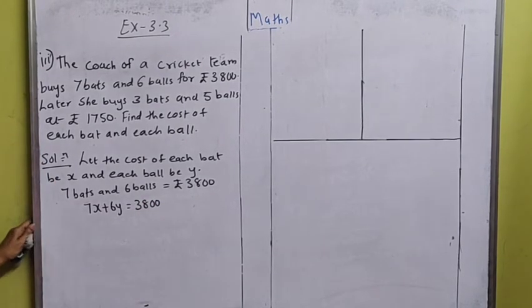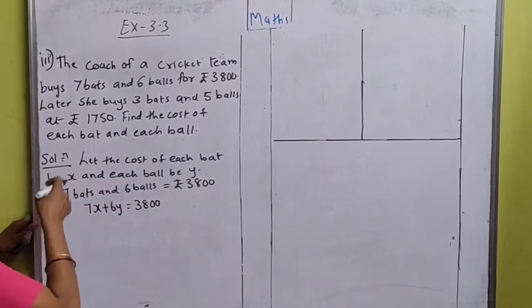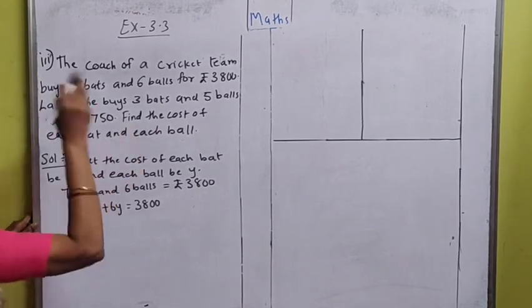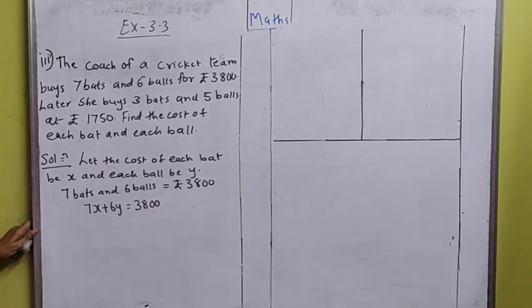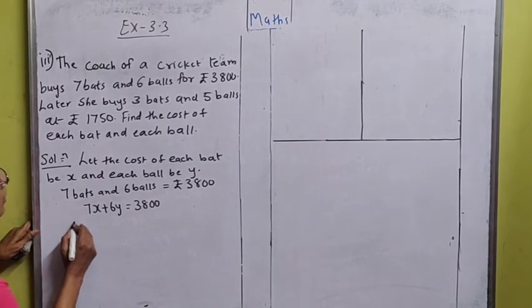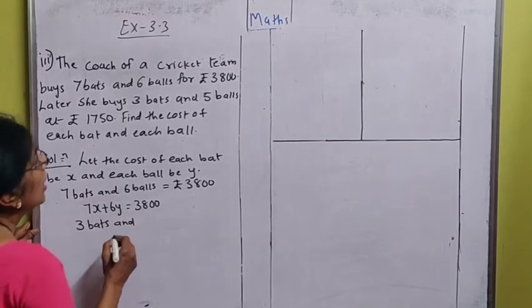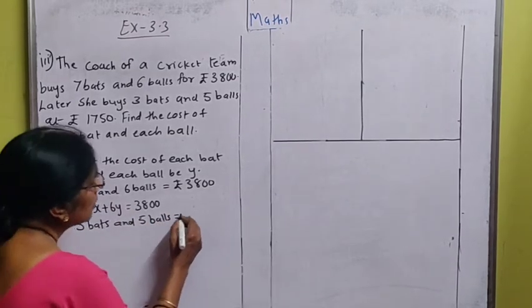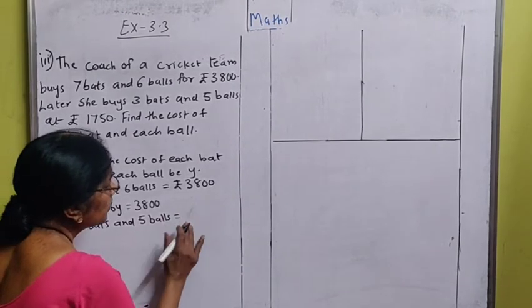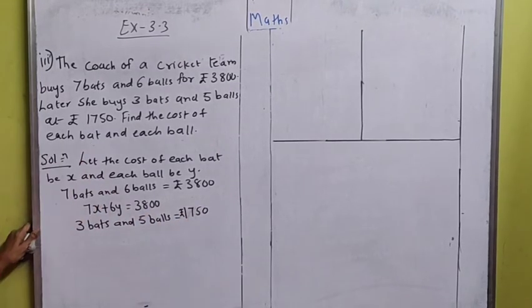Okay. Next time the coach goes again. She is a lady coach. She buys again 3 bats and 5 balls. And how much does she pay? Rupees 1750. So rupees 1750 she pays for 3 bats and 5 balls.